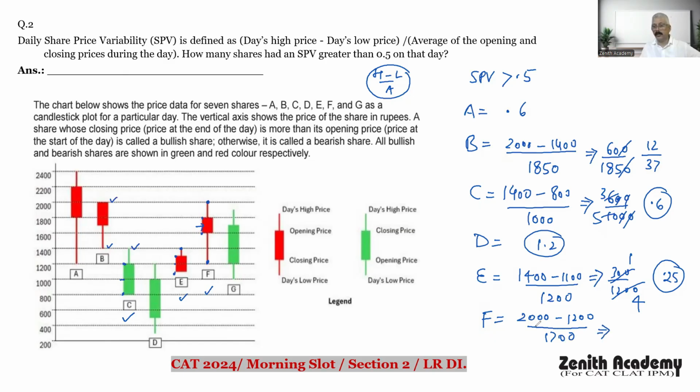So this is going to be 800 upon 1700, which is 8 by 17. And now the last is G. The highest is 1900 and the lowest is 1000.